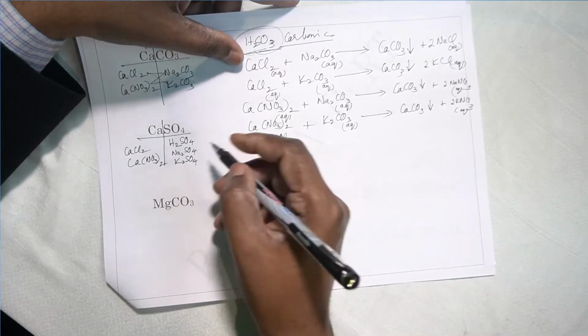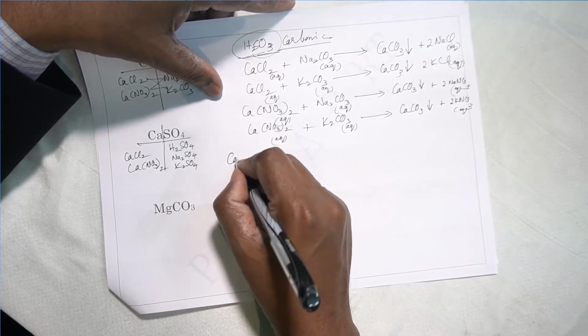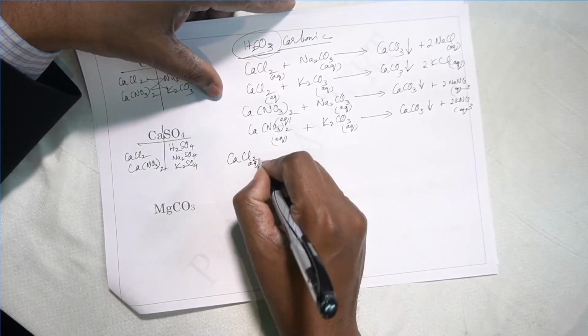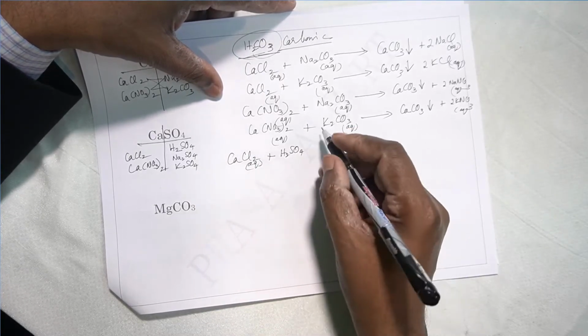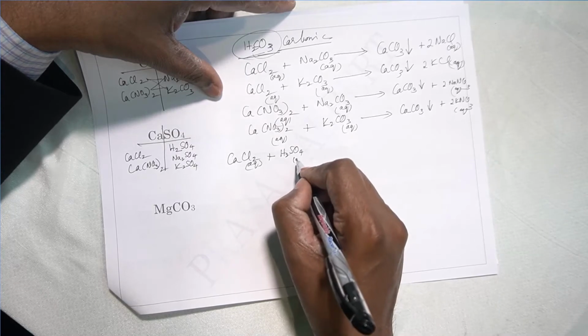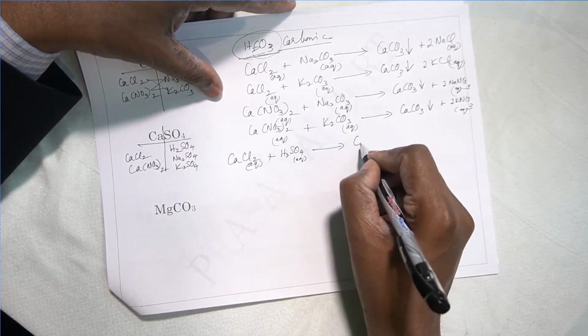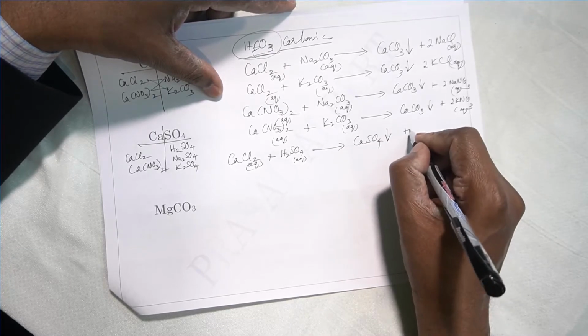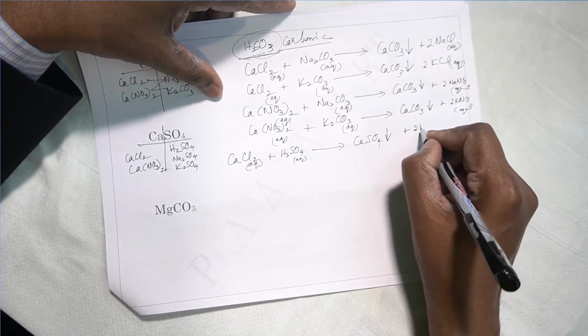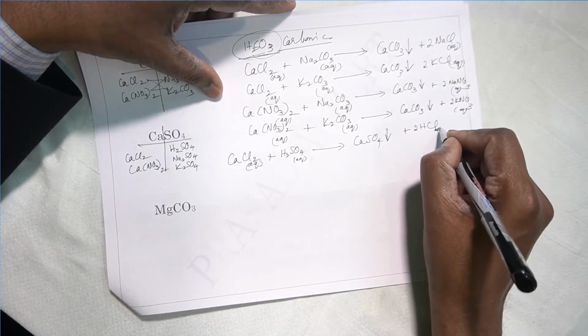I will show you the first two. Calcium chloride aqueous plus H2SO4, dilute. You will get calcium sulfate, CaSO4, which is an insoluble precipitate, and 2HCl, which is in aqueous, dilute form.